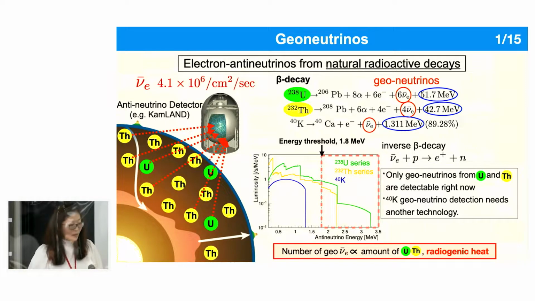Unfortunately, understanding potassium is a super big issue for understanding the Earth, but with current technology we cannot identify and measure the contribution from potassium.